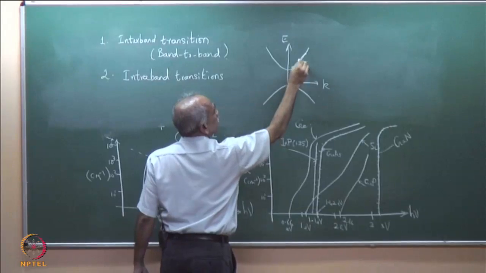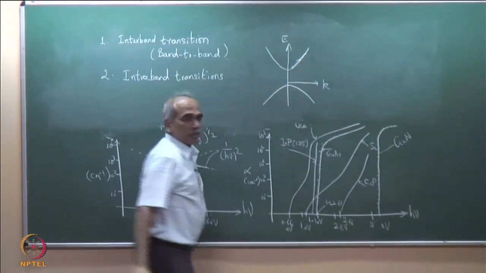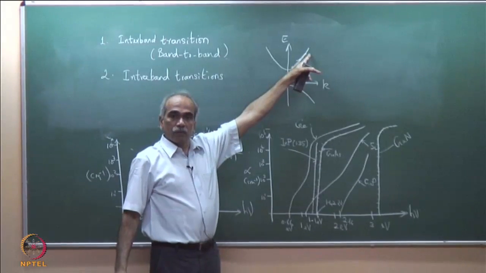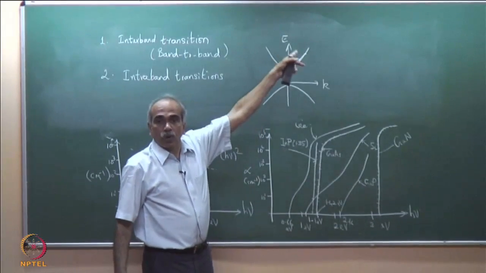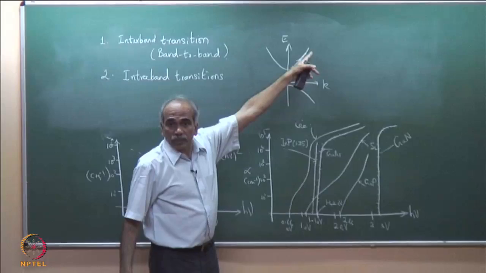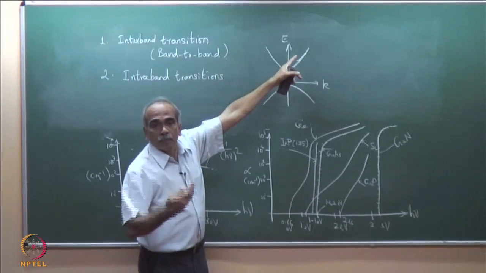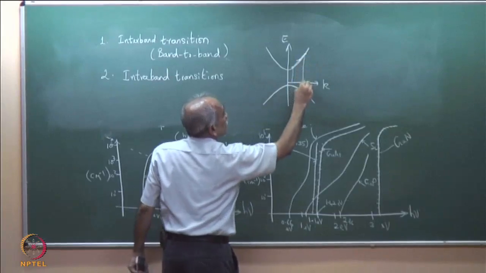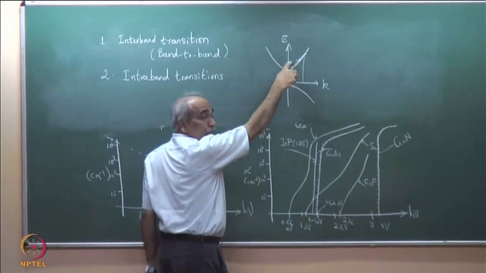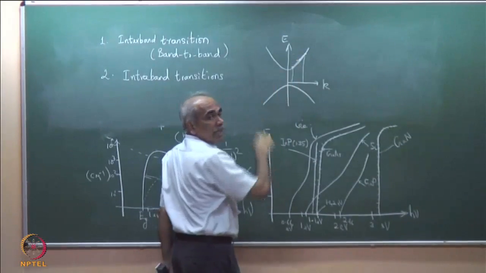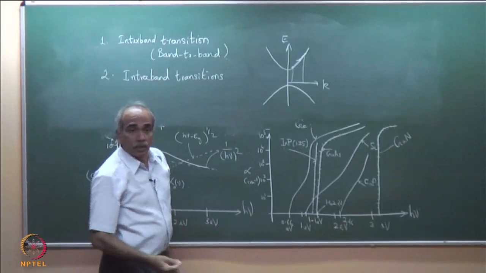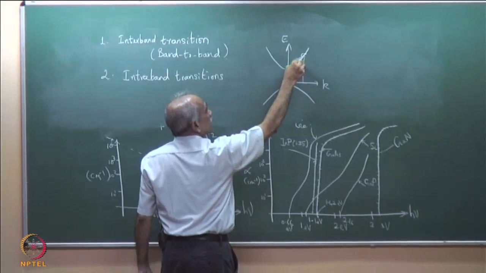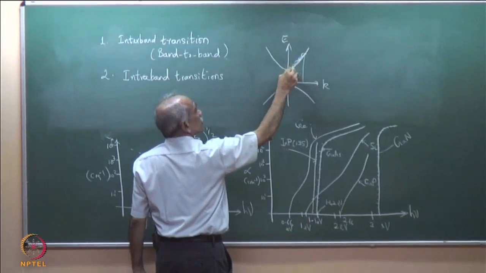An electron which is here makes an upward transition to a higher vacant state within the band by absorption of a photon. Of course, this will require phonon assistance because there is a change in momentum, but an electron can make an upward transition here by absorption of a photon, and this is called intraband transition, within the band. But the carrier which is here subsequently will thermalize and come down through phonon transitions.